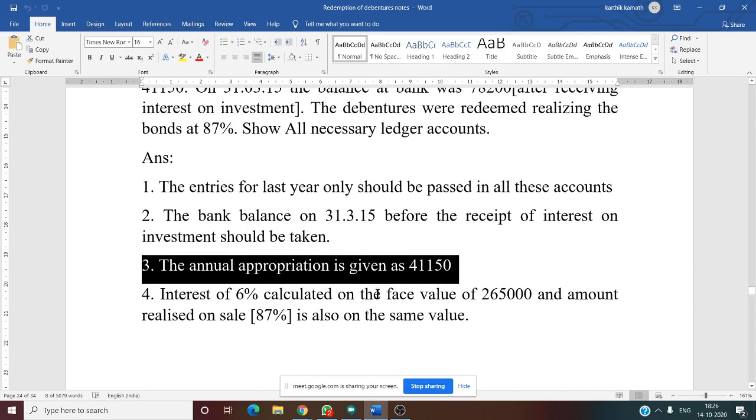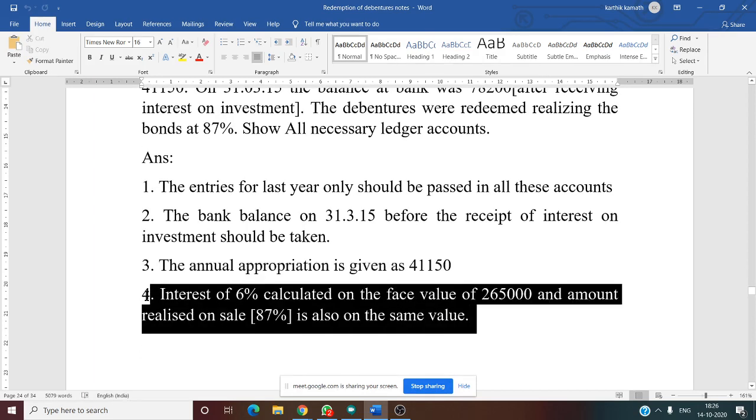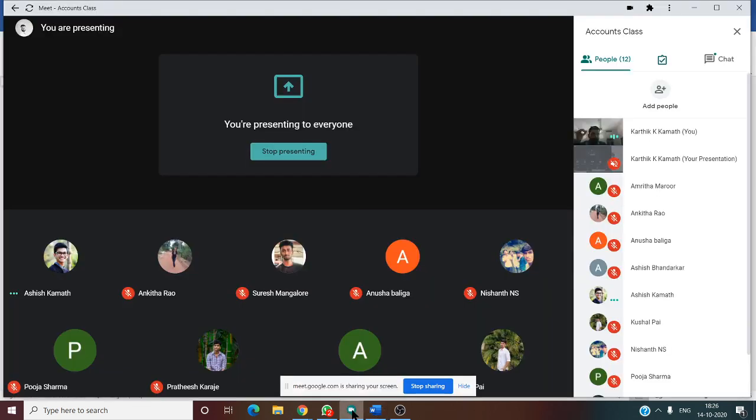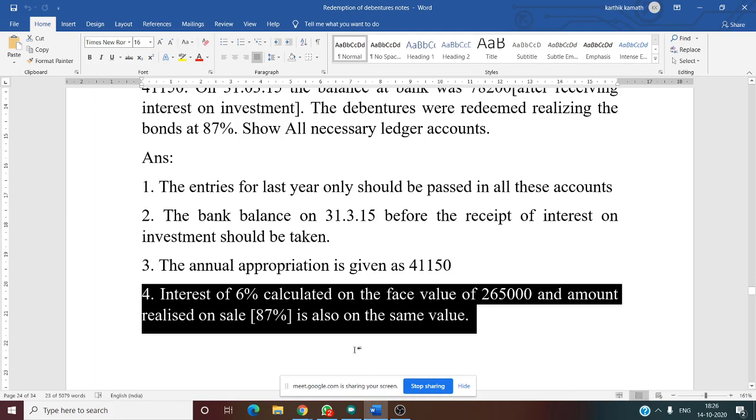Now, very important, how to calculate interest. Till now, in all the problems, we have calculated interest on the opening balance. But in this problem, a face value is given. So we need to calculate interest on the face value and not on the opening balance.